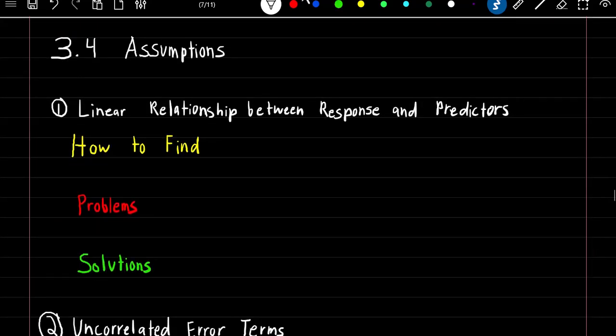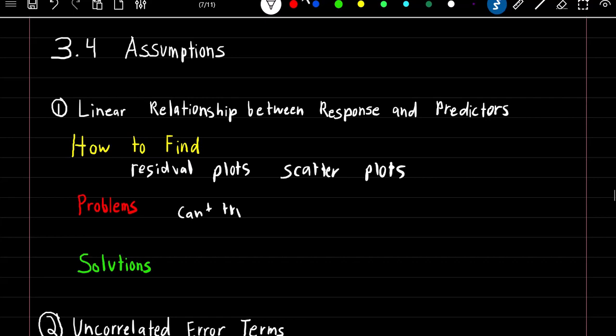Okay. The assumptions of linear regression. The first one is that there's a linear relationship between the response and predictors. How would you find this? Either with residual plots or scatter plots. The problem it causes when it exists is that you can't trust your coefficients, standard errors, or your predictions.